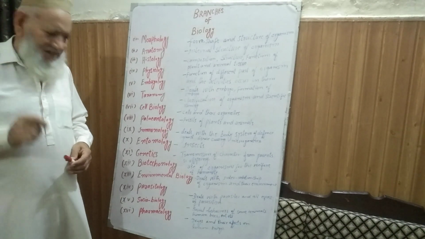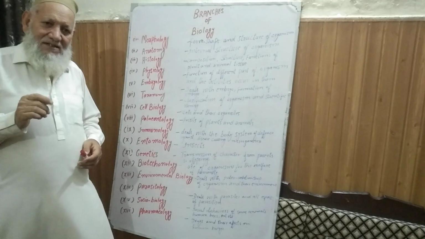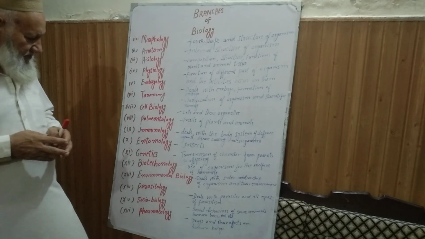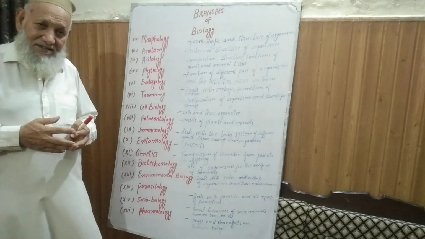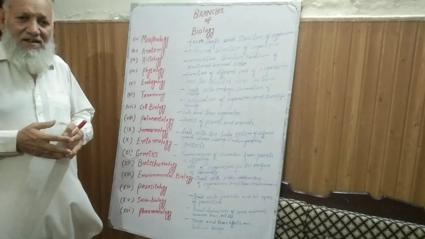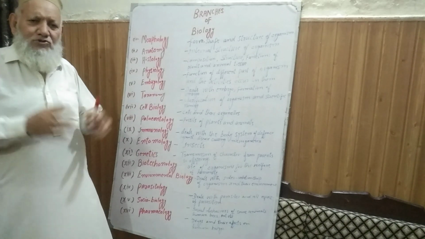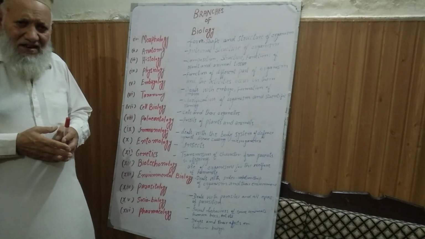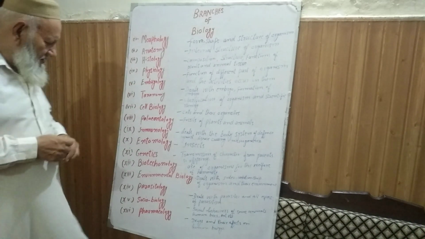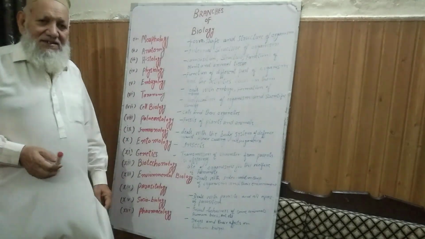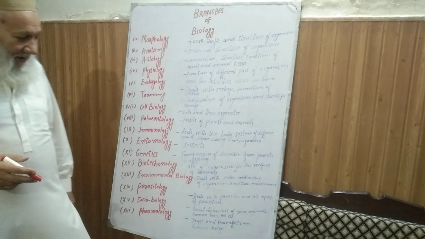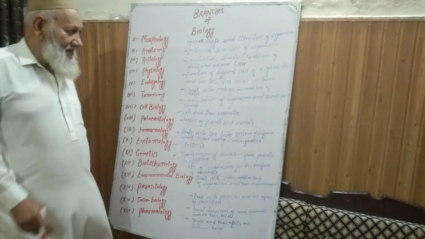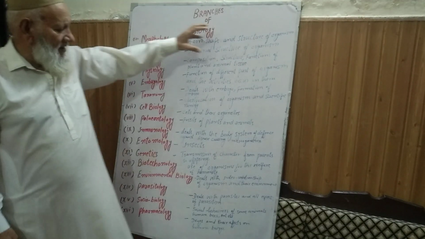There the scientists, pharmacologists, study plants and other organisms for the purpose of drugs: how drugs are produced, how they are used for human beings, how they control disease, how they affect human health. So now you are clear that pharmacology is the study of drugs and their effects on human beings. Now finally we conclude this lecture.